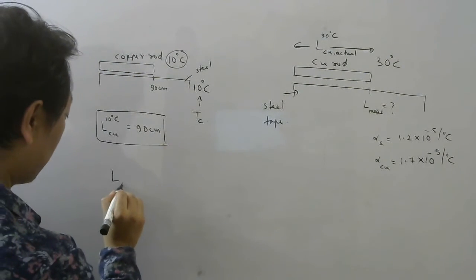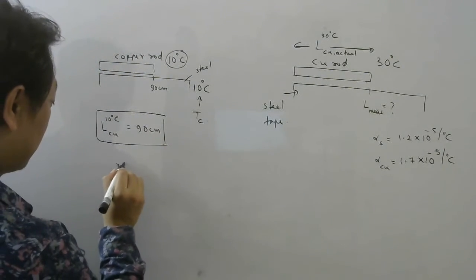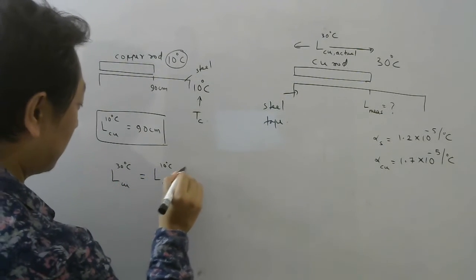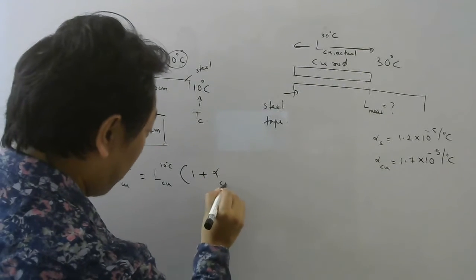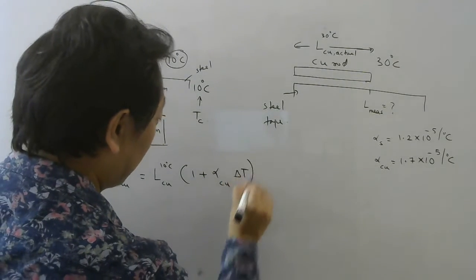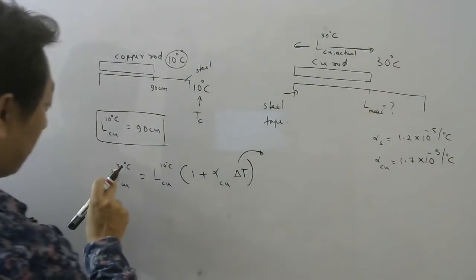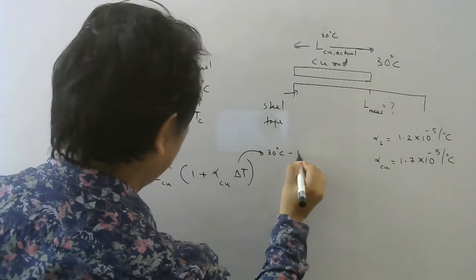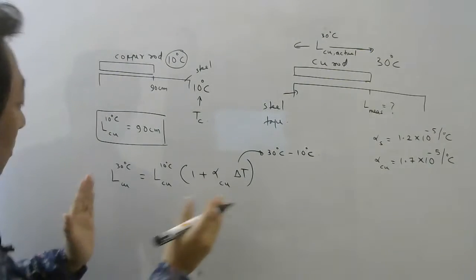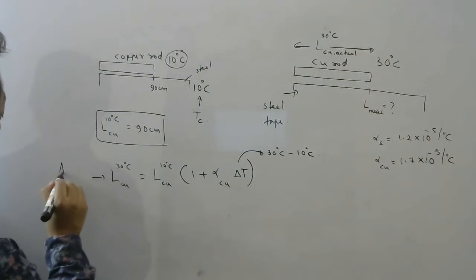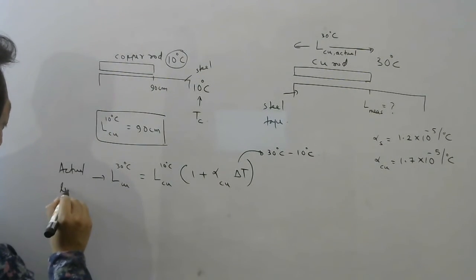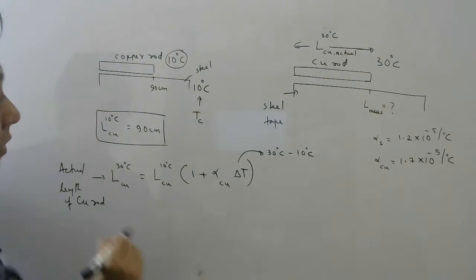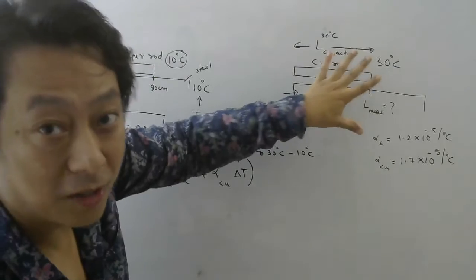So length of the copper at 30 degrees Celsius should be length of the copper at 10 degrees Celsius times 1 plus alpha of copper into delta T. And remember, this delta T is final temperature minus initial temperature, 30 degree minus 10 degree. So that would be the actual length of copper rod, right, at the temperature at which they are doing the measurement.